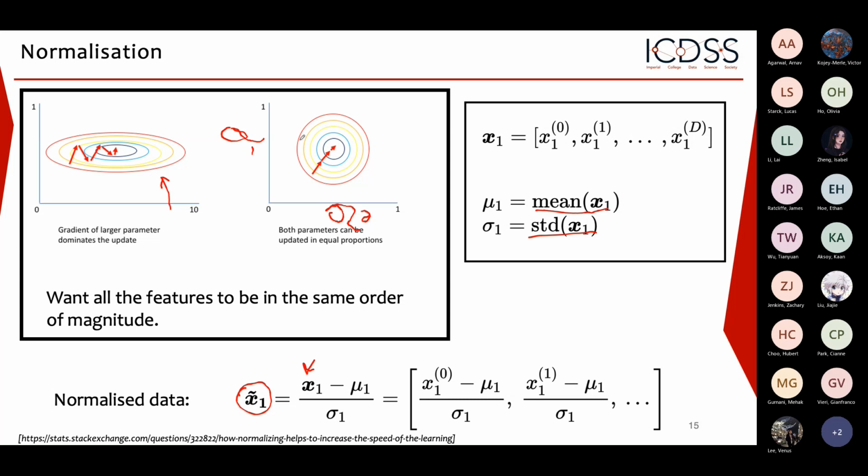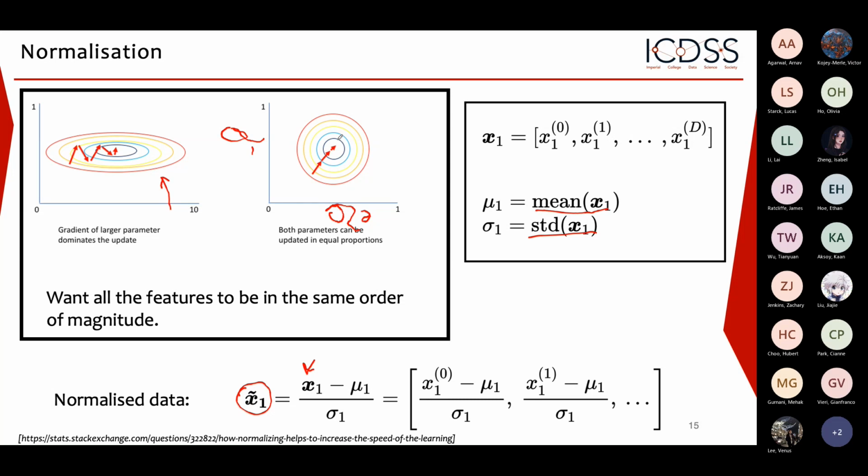So the lines, the ripples that you see are the contour of the cost function. A contour means that the cost function has the same value along those lines. So along the red, the cost function is going to have the same value. Now, your aim is getting to the center of these circles, okay?